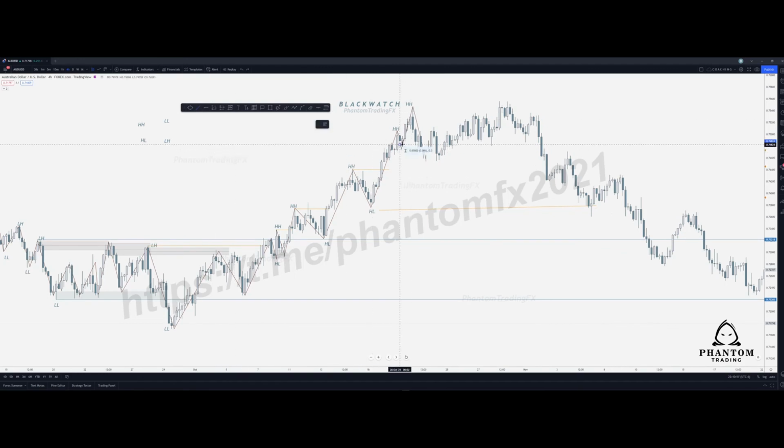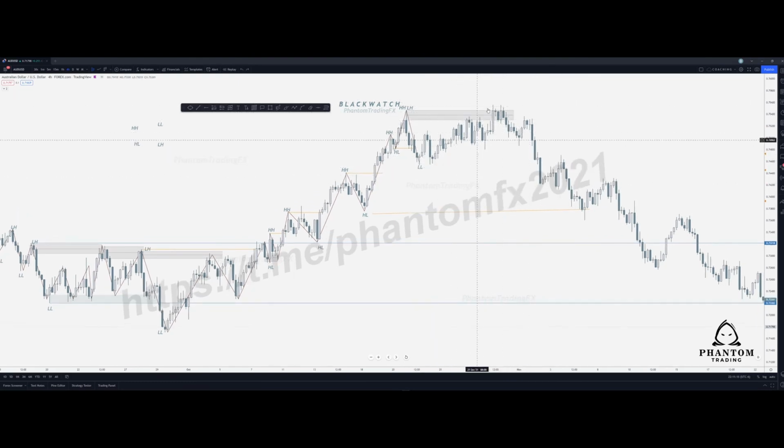And this would have been your break of structure to the downside, resulting in a lower low, right? Which also would have made this technically a lower high. And then once price tapped in, took out that level and wicked it, right? You could then essentially see this as potentially lower lows coming from this level. But it's risky. It's not risky.